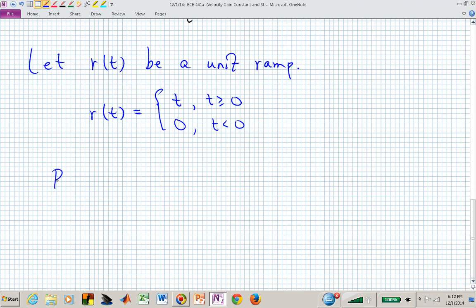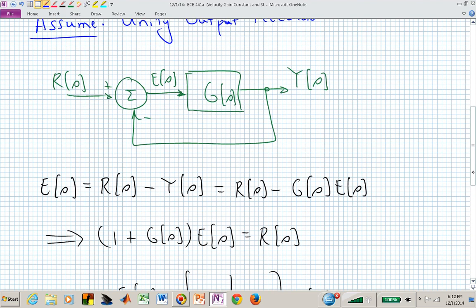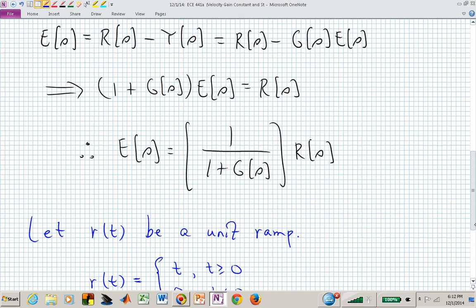We will need to find what r of t is in the frequency domain, and Laplace transforming little r of t produces capital R of s equaling 1 over s squared. We will make the following assumption. We will assume that this closed loop system is in fact stable.